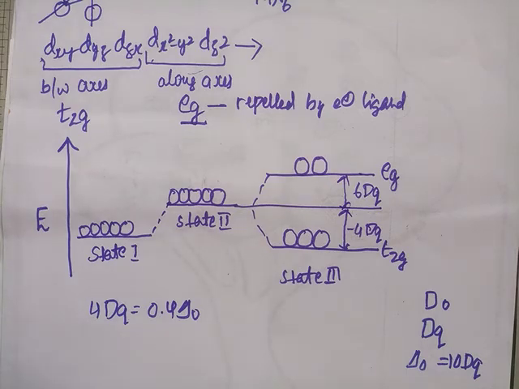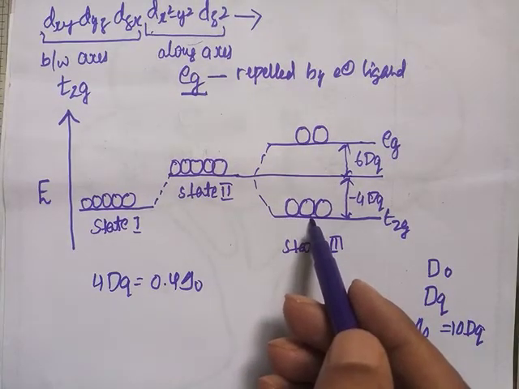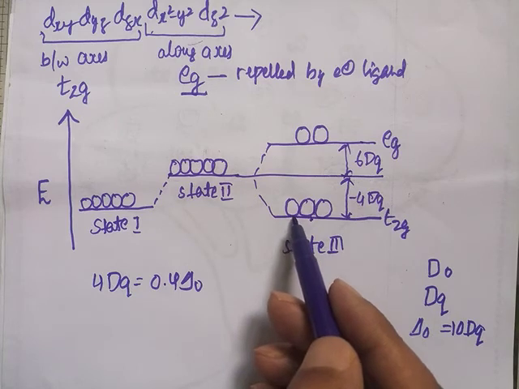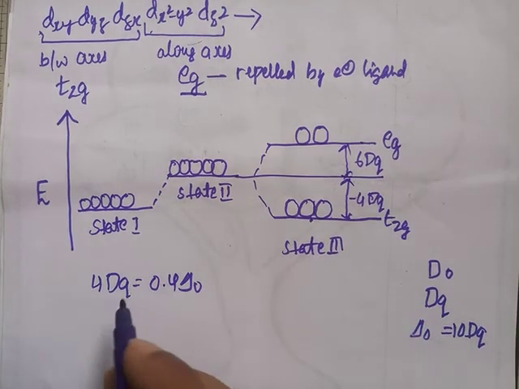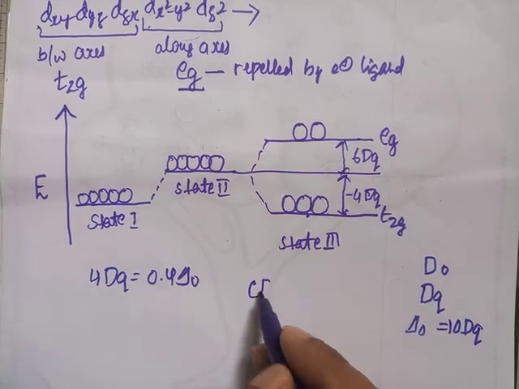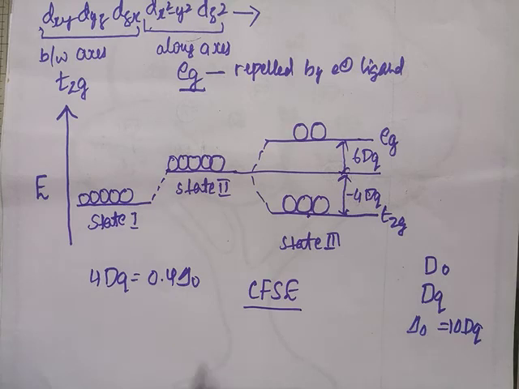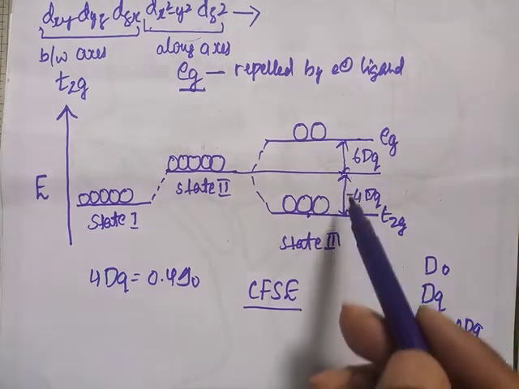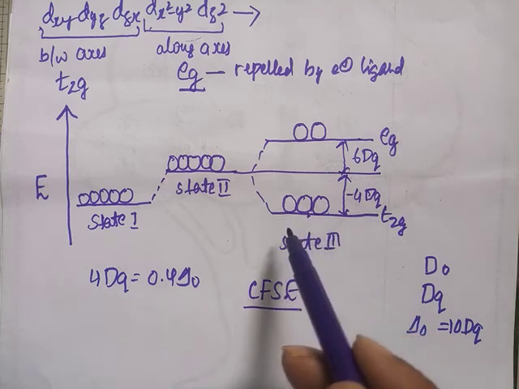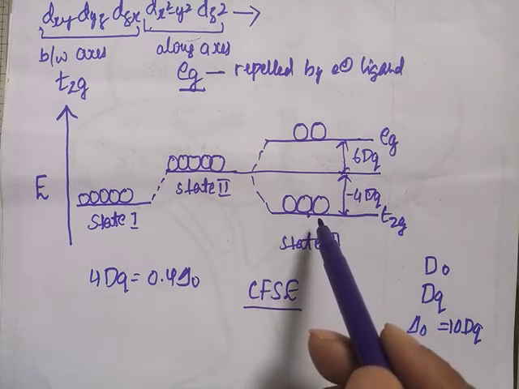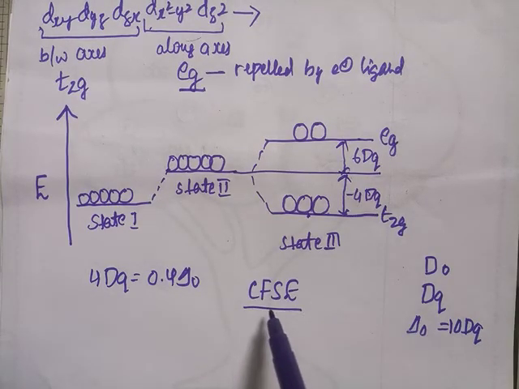The difference in the energy achieved by the preferential filling of the lower energy orbitals is called the crystal field stabilization energy, that is called CFSE.